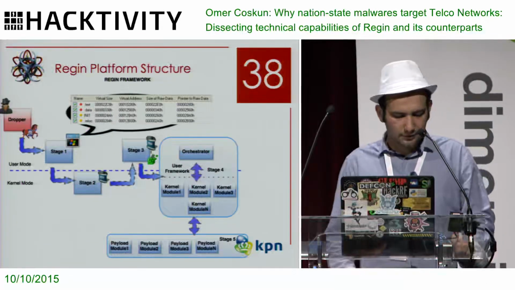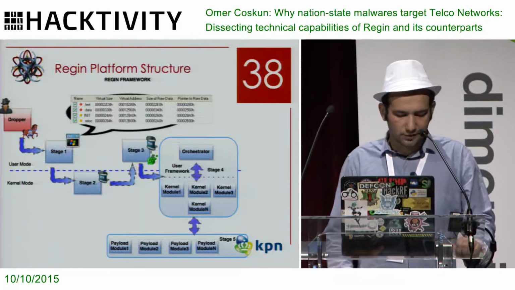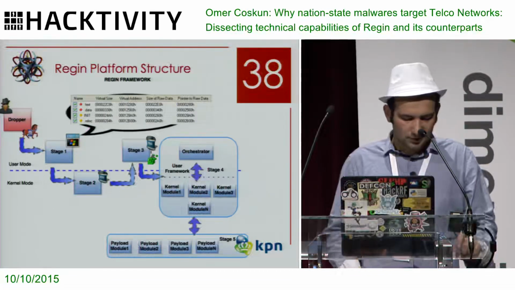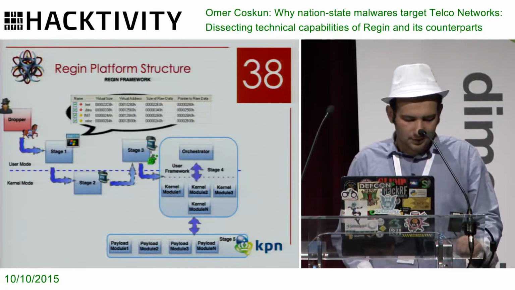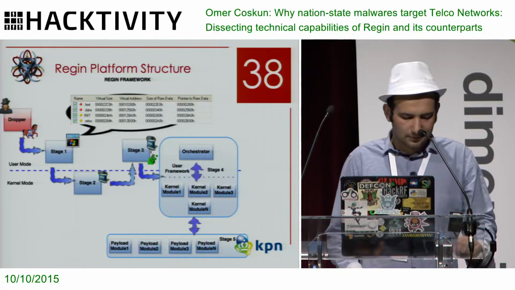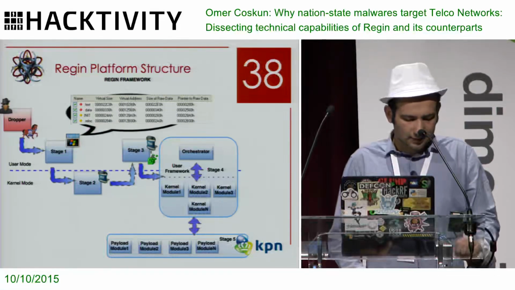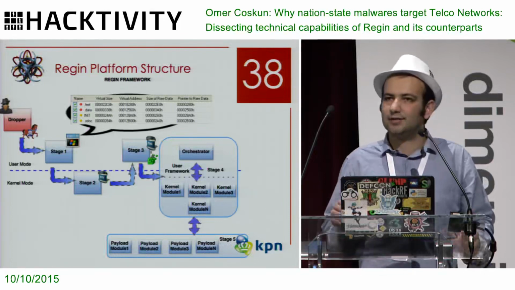Regin is a very complex multi-platform rootkit that consisted of a dropper module and multi-stage user and kernel level components. Each level seemed responsible for decrypting and loading modules into memory and executing them. The most interesting feature of the Regin platform was that it used an orchestrator, which remained unknown to researchers until the date of discovery.